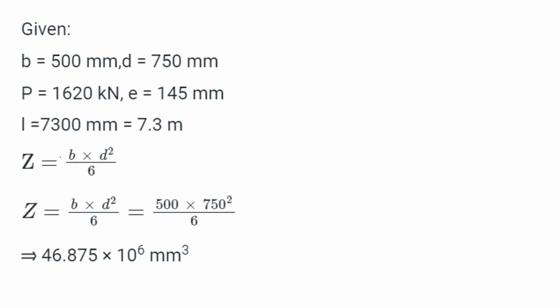So we have all the values. Let's calculate this Z first. Section modulus is bd square by 6 for this rectangular cross section. So it will become 500 into 750 square by 6. It will become this much.